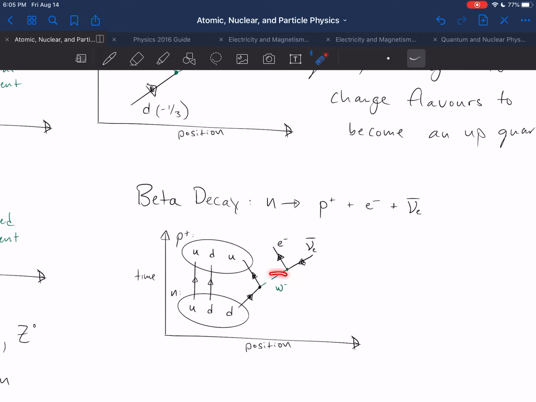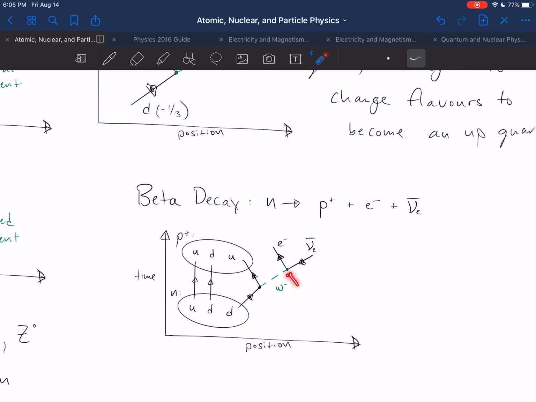And now we have a W minus boson. And the W minus boson then undergoes, I won't call it pair production, but becomes an electron and an anti-electron neutrino.